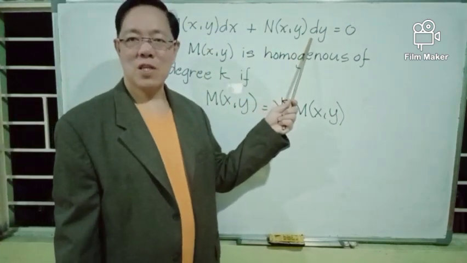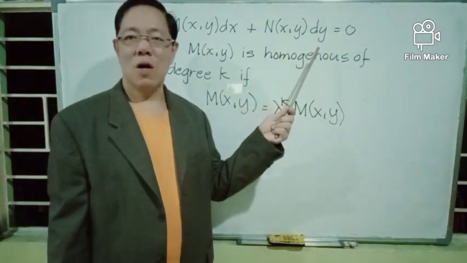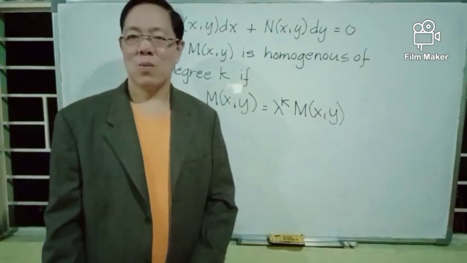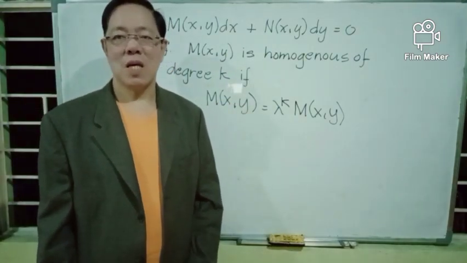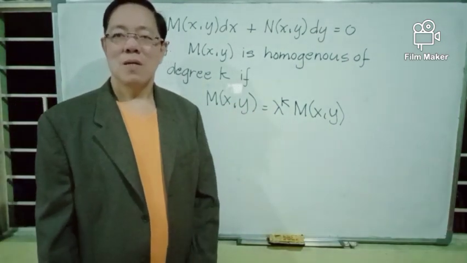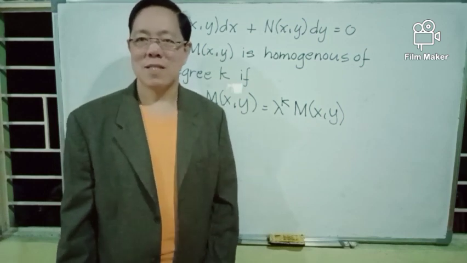Similarly, the coefficient of dy, or differential of y, N of xy, is a function of x and y. If M and N, functions of x and y, are homogeneous functions of the same degree, then we can solve this differential equation by the method for differential equation with homogeneous coefficients.